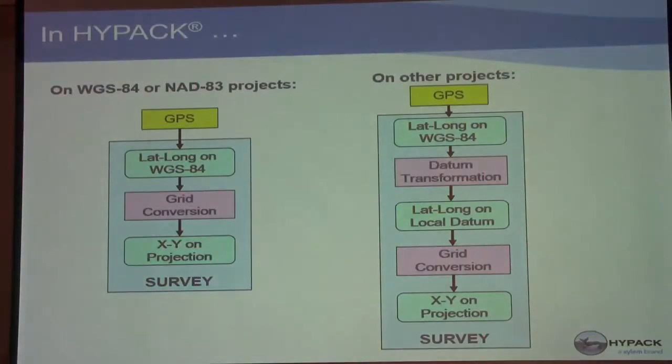So, understanding geodesy. The way it's worked in HYPACK for so many years is that you're getting a GPS signal, typically in a WGS84 latitude, longitude output. There are a lot of variations, like ITRF, and you can actually set the GPS output to Clark 1866 or international ellipsoids. But we're making the assumption in HYPACK that the GPS is set up for WGS84 output.